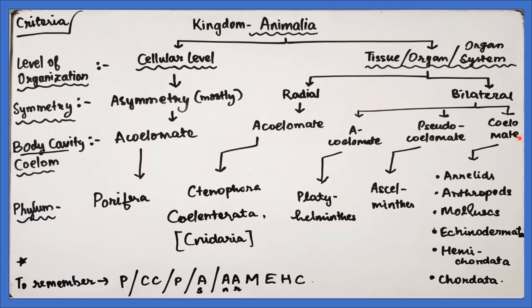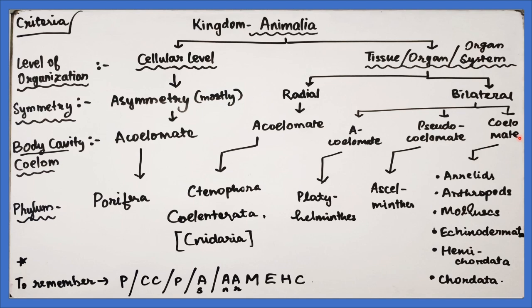Have an overlook of how animals are divided into various phyla according to the bases of classification we have discussed in the earlier slide. So this slide shows how animals are divided into various phyla according to the level of organization.